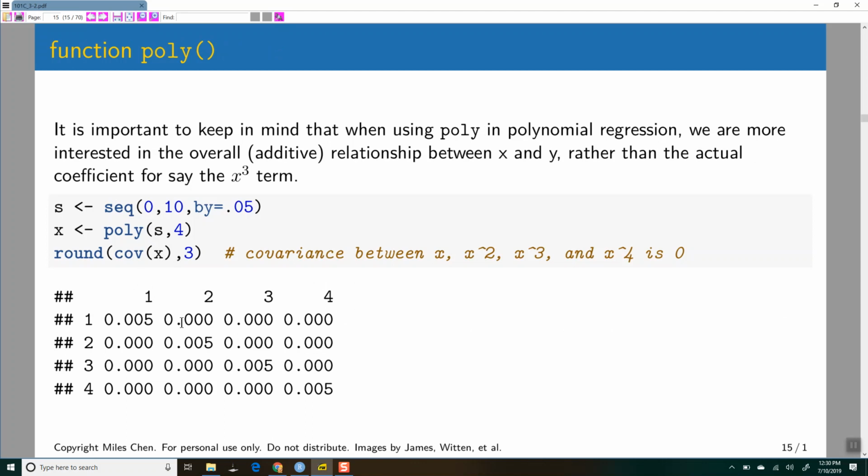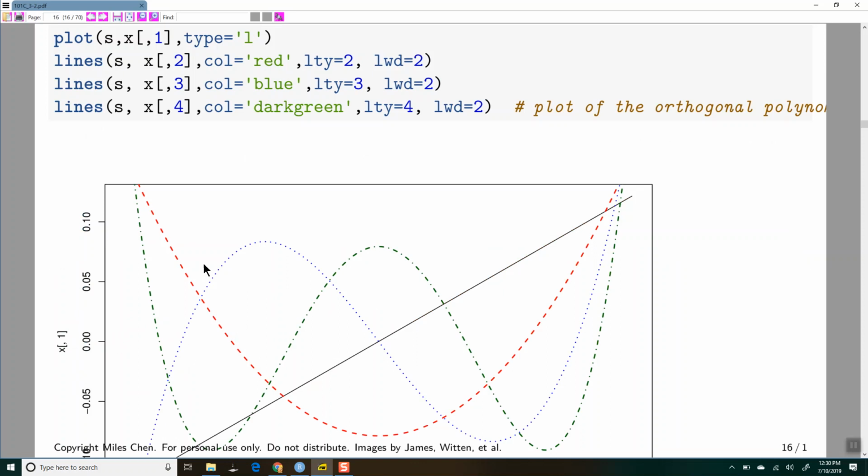If you use poly, they're all uncorrelated, and you get this is your linear, this is your quadratic, the blue is the cubic, and the green is the fourth order polynomial, right? These are all uncorrelated, at least on this boundary of x. Now if you expand that, these values will all be correlated positively. As x gets bigger, these values all get bigger.